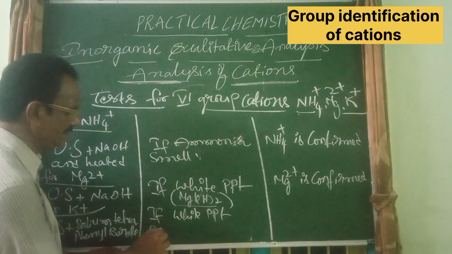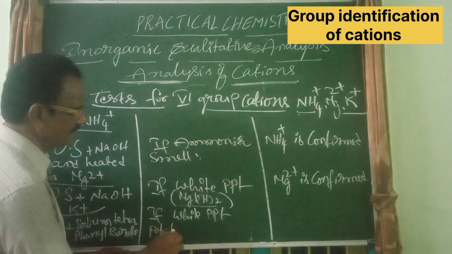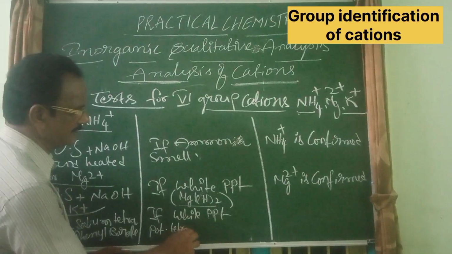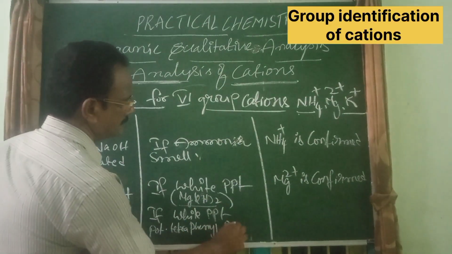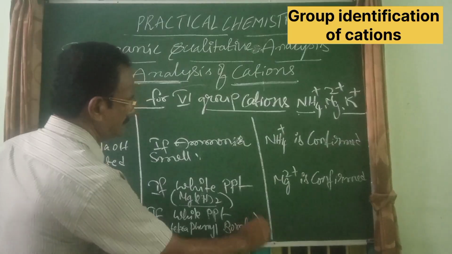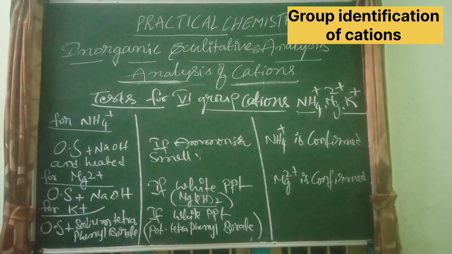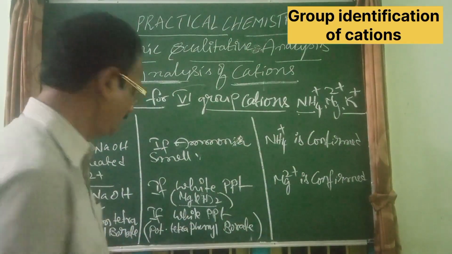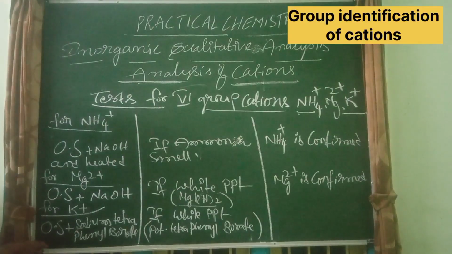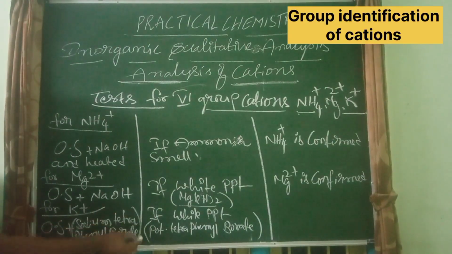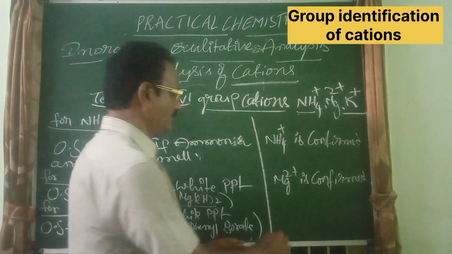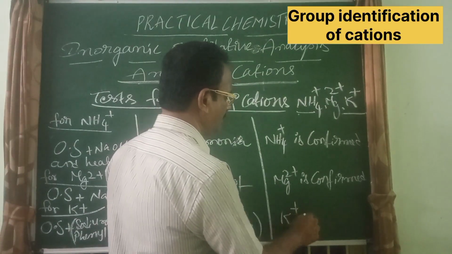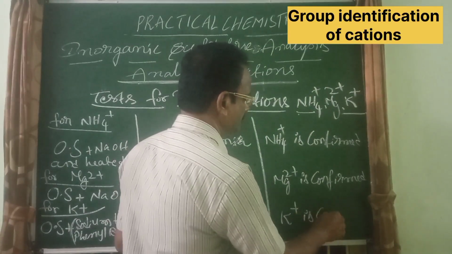Potassium tetraphenyl borate instead of sodium tetraphenyl borate. Okay. The name of the precipitate is potassium tetraphenyl borate. What you are adding here? Sodium tetraphenyl borate to the original solution. Okay. Then you can confirm the presence of K plus ions.